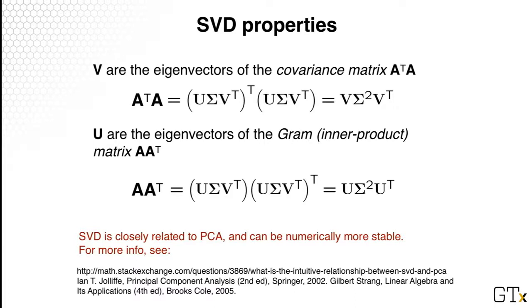In other words, SVD allows us to compute the eigenvectors needed by PCA without having to explicitly multiply A transpose A. If you want more information about SVD, PCA, and their relationship, I highly recommend you check out the link below and also the excellent book.